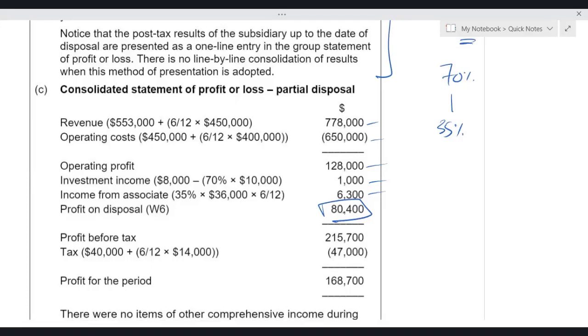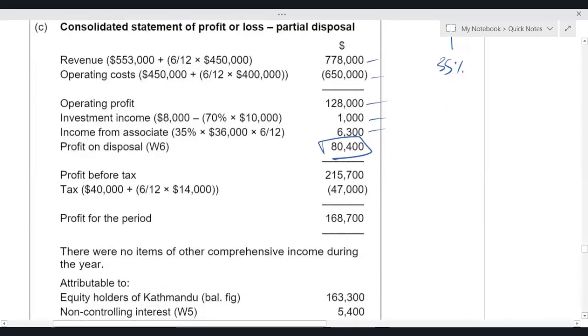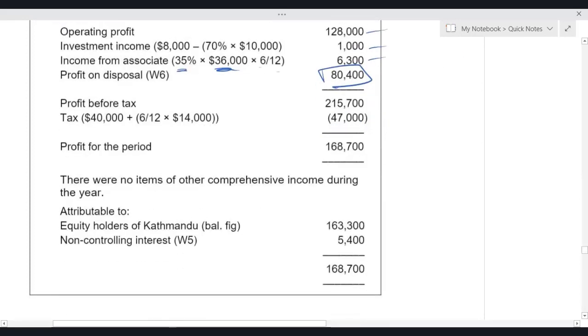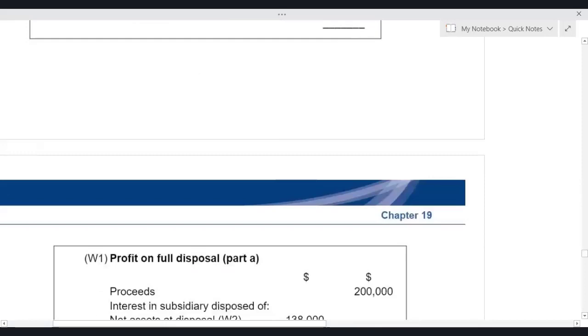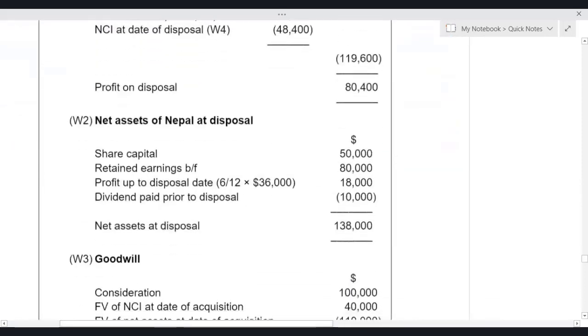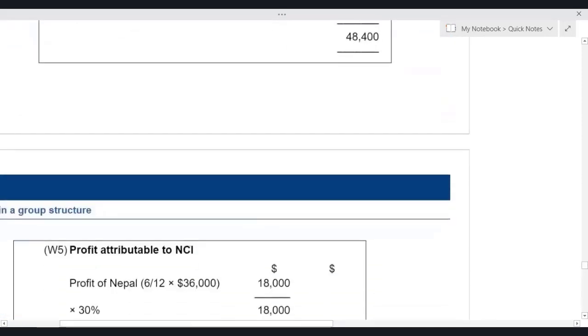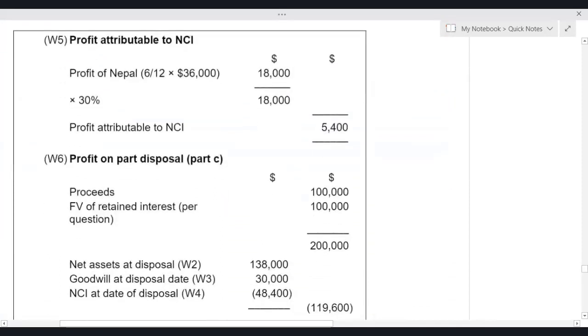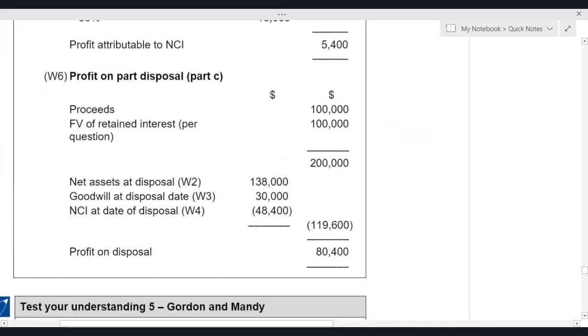Because how do we calculate gain or loss? Consideration received, add fair value of the remaining investment. Look at this: last 6 months income from associate, 36,000 times 6 by 12 and 35%. Working 1, working 2, working 5 and working 6.